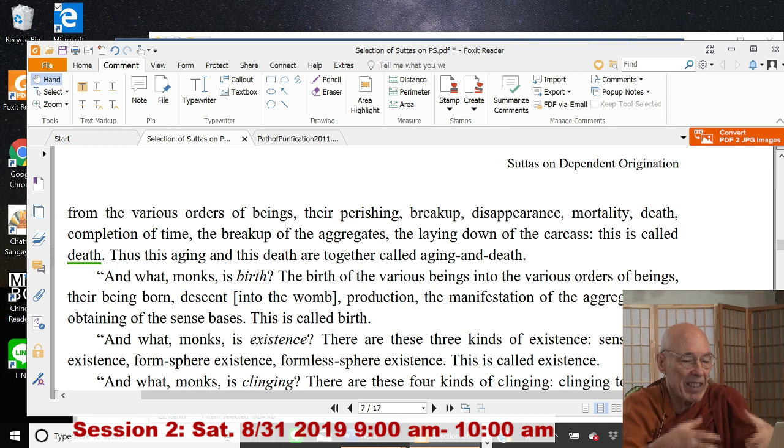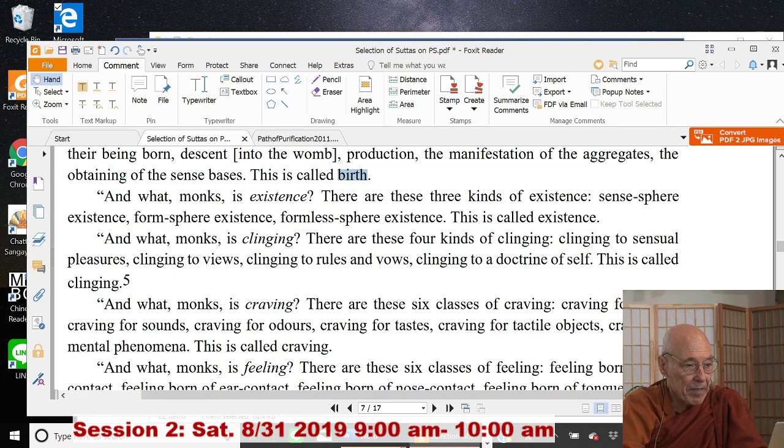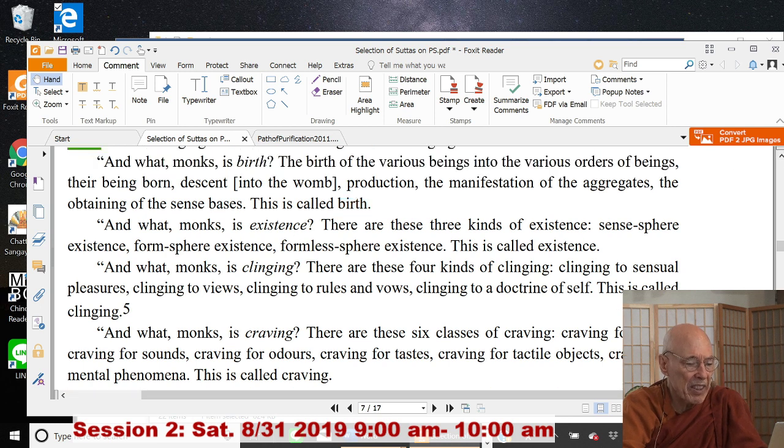The other sense bases appear during the period of gestation in the womb. Okay, so this is birth. We could take it at the simplest level, the manifestation of the aggregates.